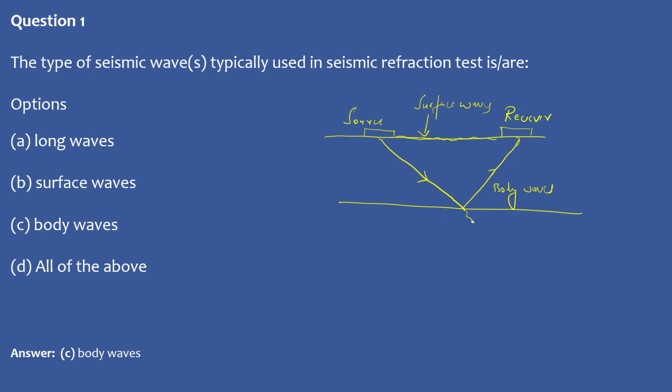Rather, there is some transmission and wave refraction, in which some of the energy is transmitted to the layer underneath and some of the energy is reflected from the top surface of the soil layer underneath. This behavior takes account of the refraction of body waves, and we can utilize this phenomenon for understanding the soil properties available in this part.